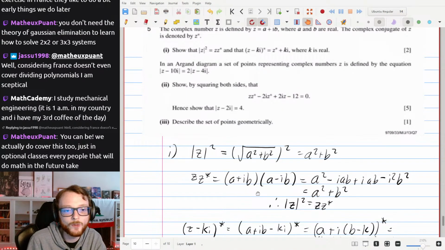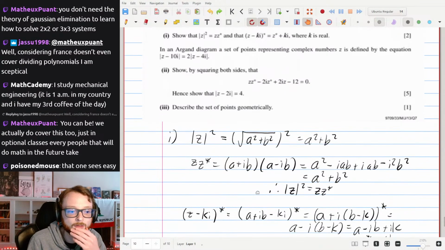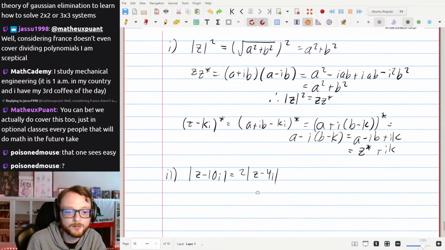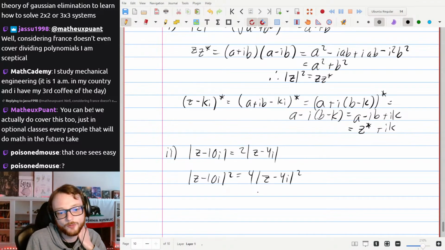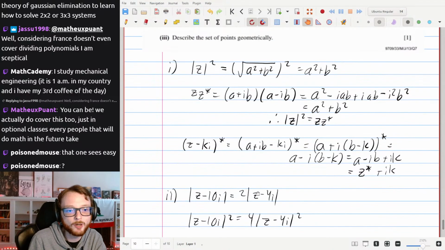Okay, they want us to square each side and end up with that. Let's just square each side and hope and pray. Four z minus 4i. Oh, we're gonna need to use a property here in a second. Okay, so we're gonna use the two properties from part 1 because we have a modulus squared.